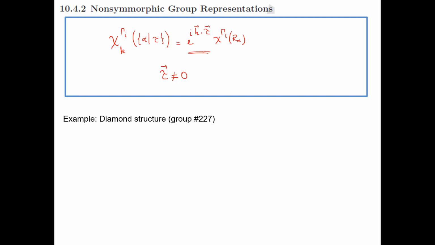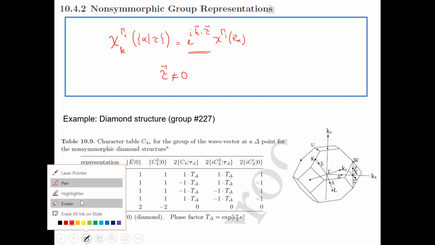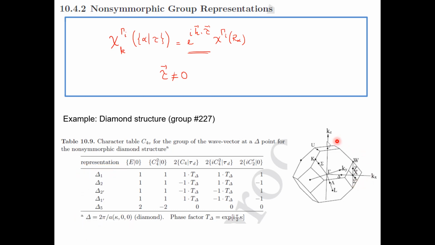Okay, and here we see again an example. This is for the diamond structure. It's space group 227. And the Bravais lattice for the diamond structure is FCC. So you have here the same Brillouin zone as any FCC structure, right?